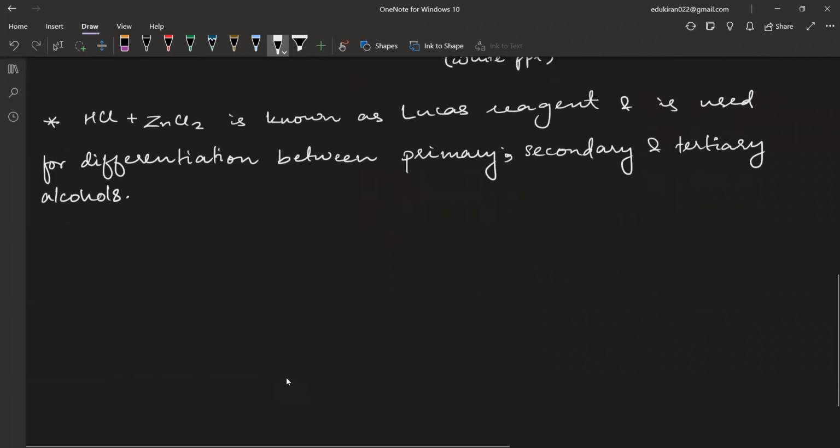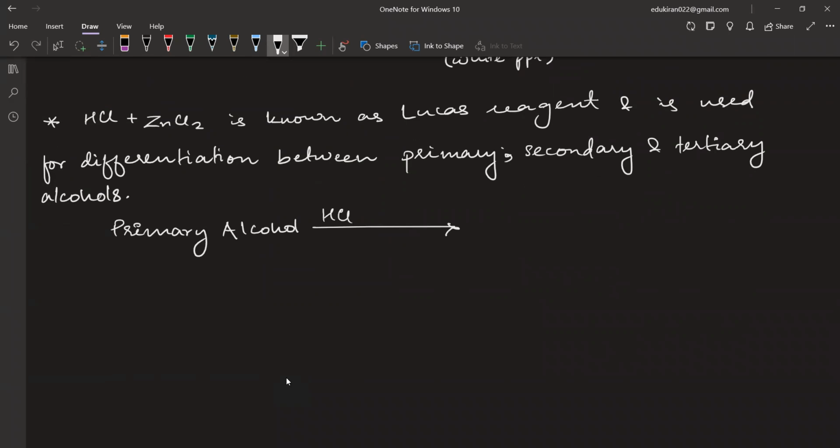Now, if I have primary alcohol, now this is very important, listen here. If I have primary alcohol and I treat this with HCl plus ZnCl2, then what do I get? I get no reaction at room temperature. But what will happen?